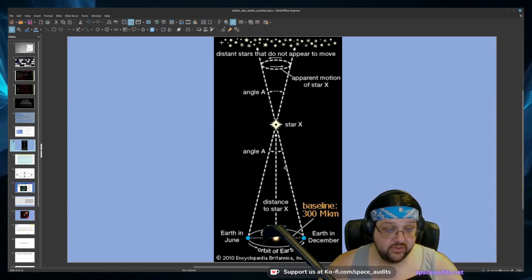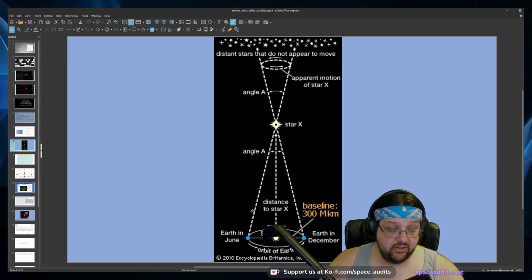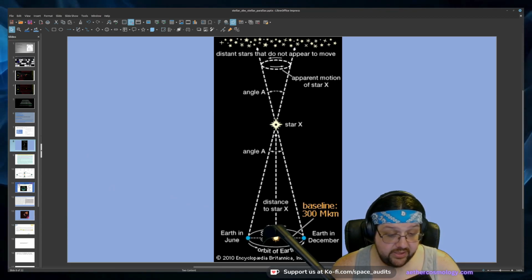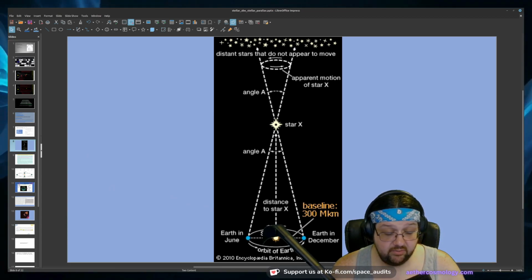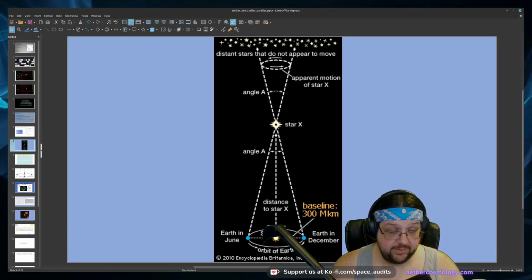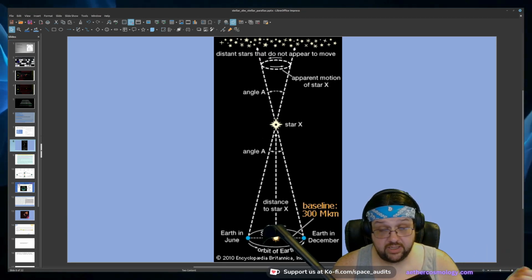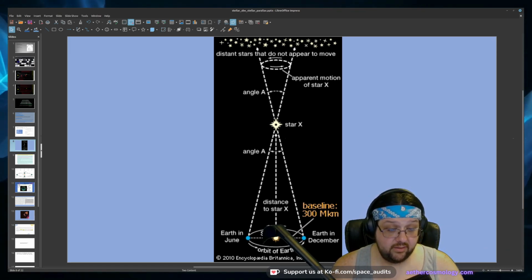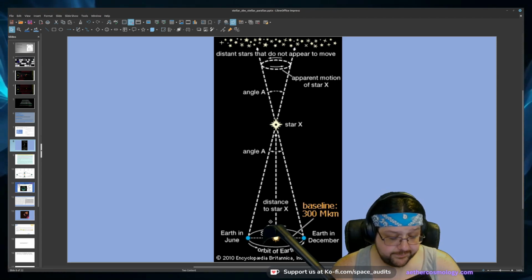So the way that they're using it here from these diagrams, it looks very reasonable, right? But what's actually happening is that the distance between the sun and the Earth that they say is 93 million miles, and then over the course of 6 months, where the Earth has traveled around to the other side of the sun, will be 300 million kilometers or 186 million miles.